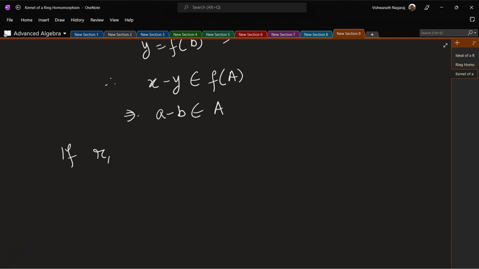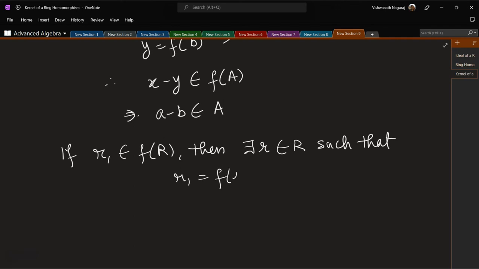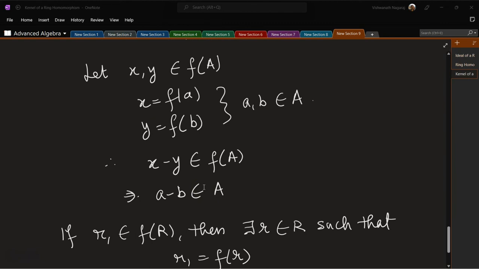If r1 belongs to f of R, then there exists r belonging to R such that r1 is equal to f of r. So therefore, r1 x is equal to f of r times f of a, because here r1 is f of r and x is f of a.